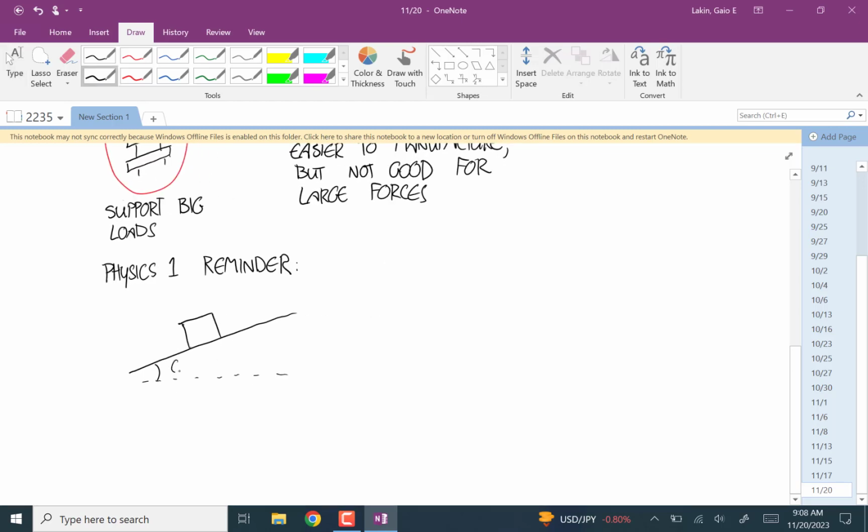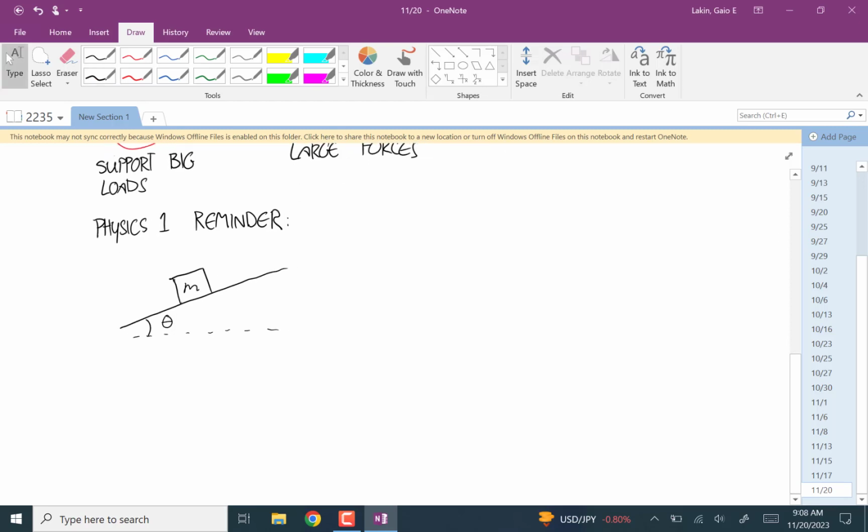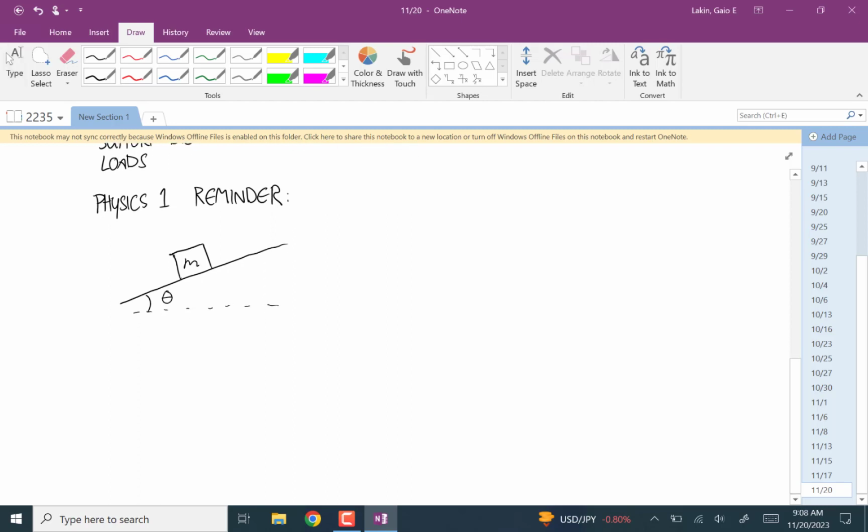Let's say this angle is theta, this mass is m. And remember that when you did calculations like this, just to simplify, you used a coordinate system where the y-axis was pointing out of the ramp and the x-axis was along the ramp.